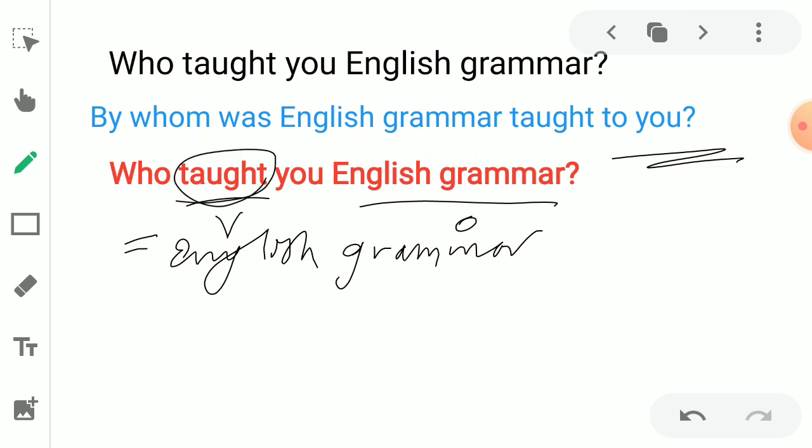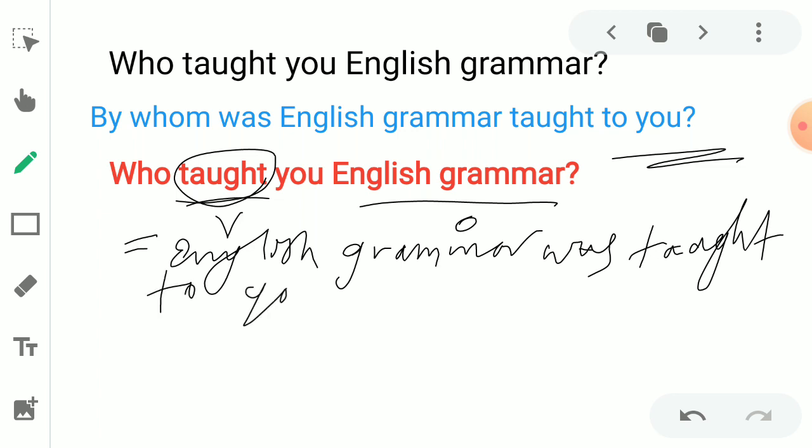The tense is simple past, so it was, English grammar is singular, was taught. The V3 form of taught is taught again. English grammar was taught to you.